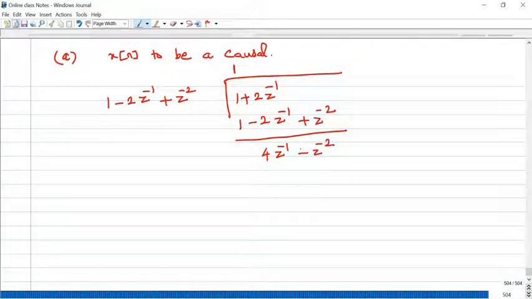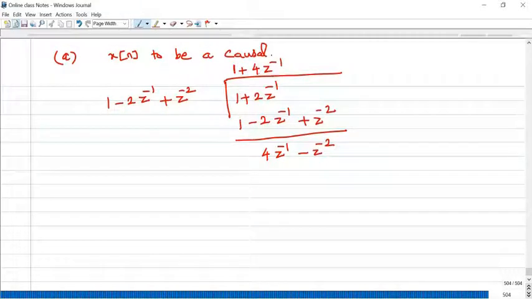Next, select your value such that the term 4 z power minus 1 must be cancelled. So here 1 is there, so 4 z power minus 1.